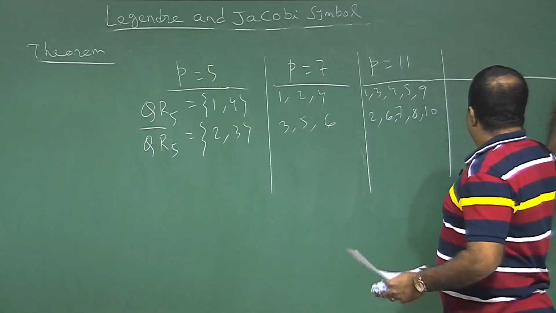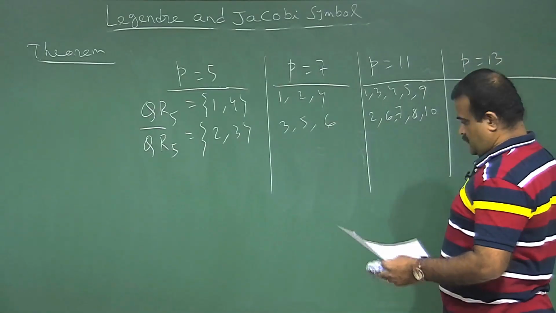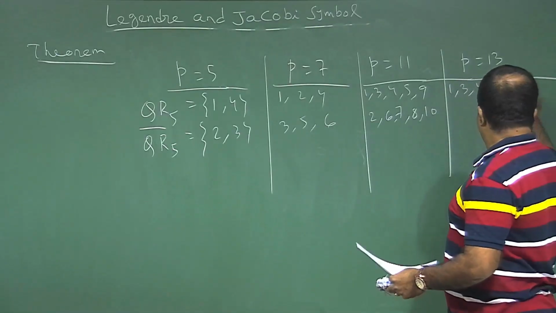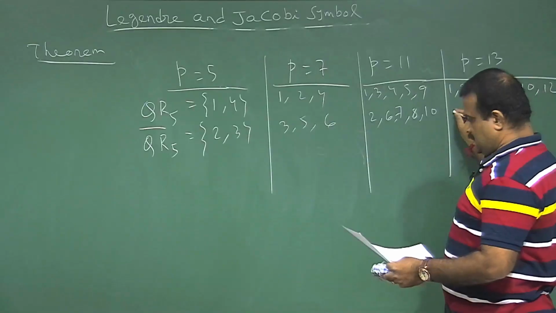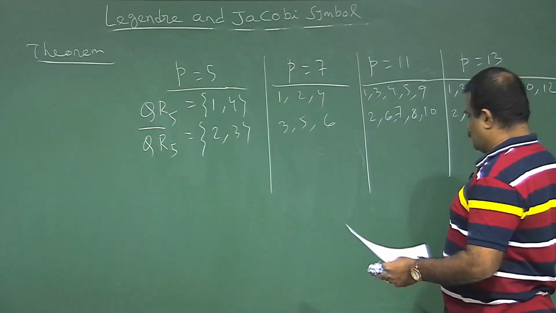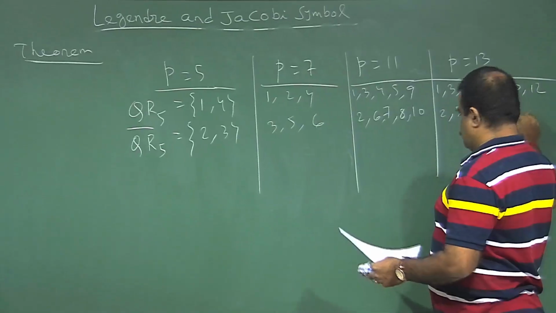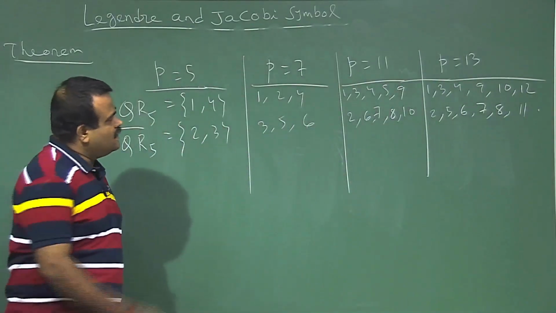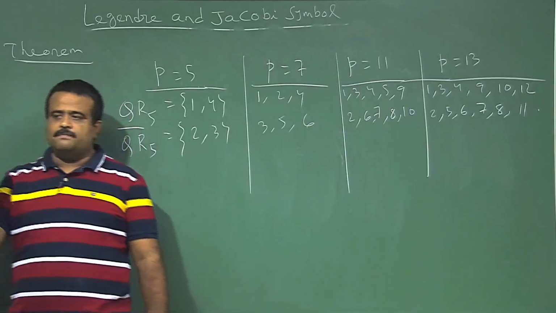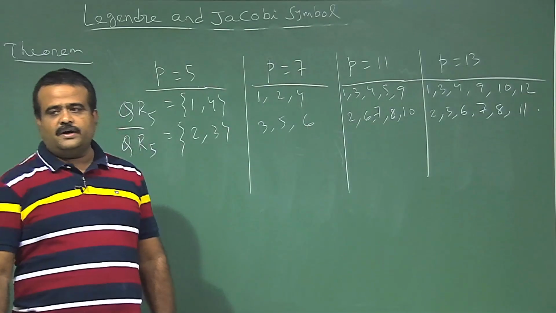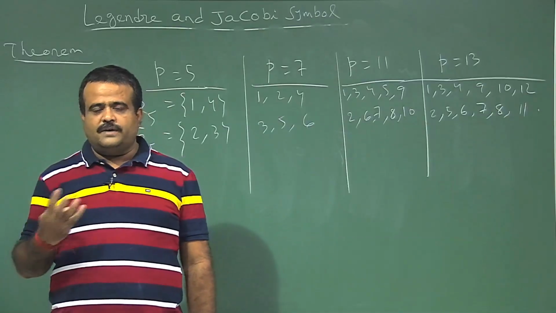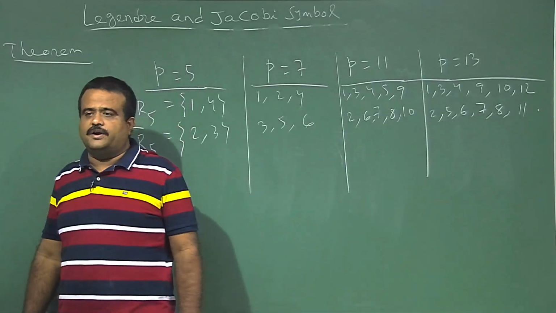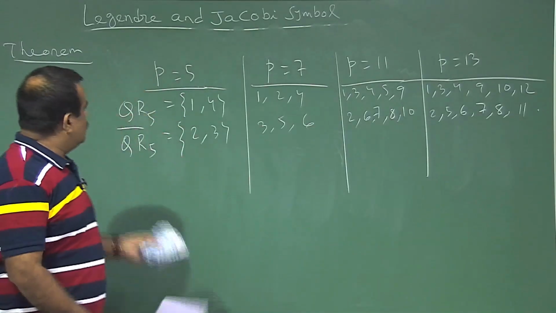And for P equal to 13, these are the quadratic residues 1, 3, 4, 9, 10, 12, and then these are the quadratic non residues. Okay. So, these sets are equal. That means if we take a prime P, then the number of quadratic residues modulo P is the same as the number of non quadratic residues.